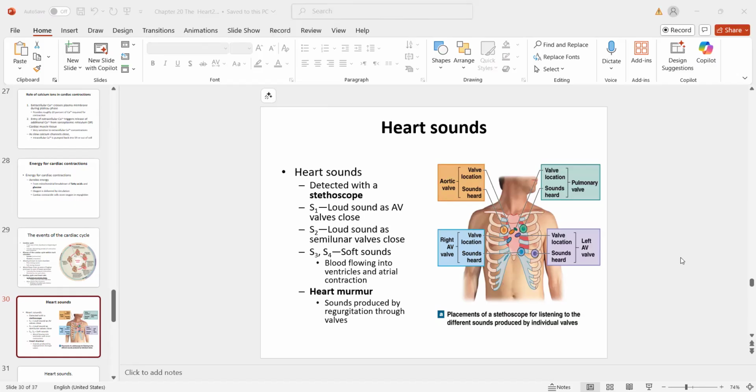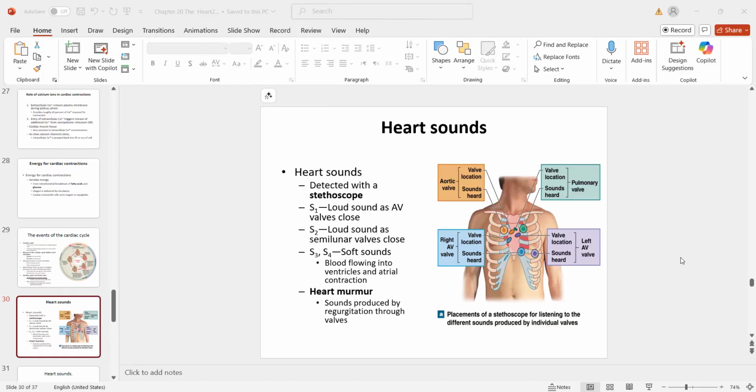The third and fourth heart sounds are usually very faint and are seldom audible in healthy adults. These sounds are associated with the blood flowing into the ventricles, S3, and atrial contraction, S4.